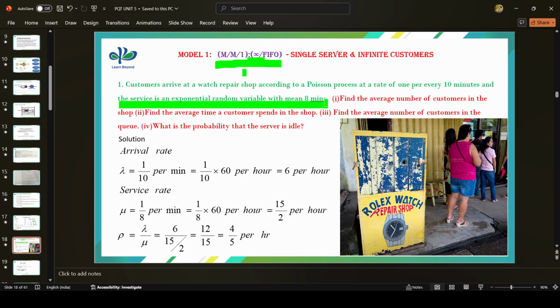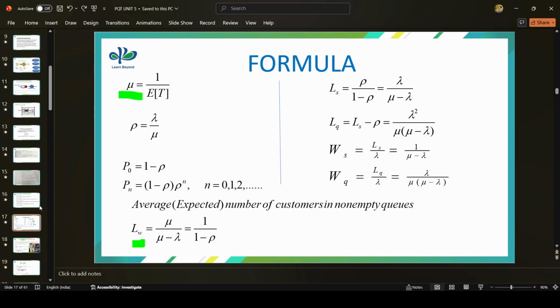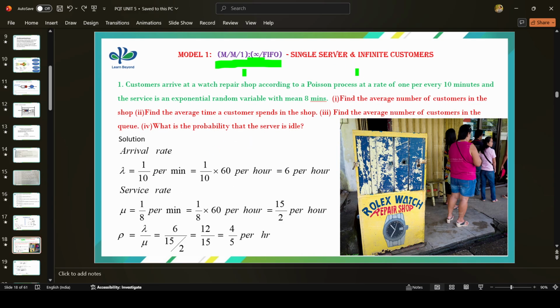Here they are not explaining about the server, so by default we will take this problem as a single server problem. So the very first thing, you must know how many customers and how many servers are there to solve this problem. Clear? Afterwards we will see what the question is.